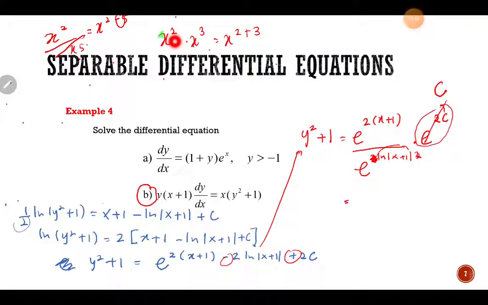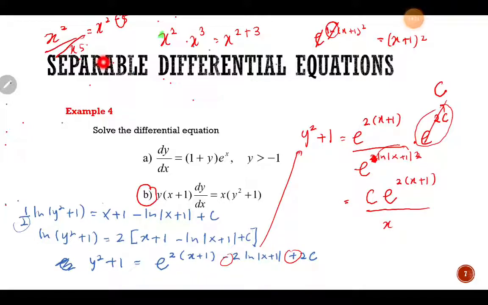Dia macam tu. And then ni dia adalah E power of ln X tambah 1 kuasa 2. And E kuasa ln ni dia boleh cancel each other. So dia akan jadi X tambah 1 kuasa 2 sahaja kat situ. So jawapan yang ni adalah C darab dengan E power of 2 X tambah 1 over X tambah 1 square.